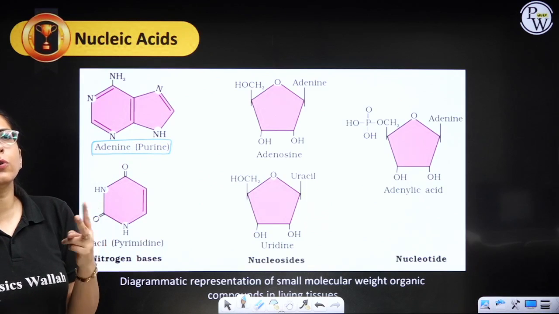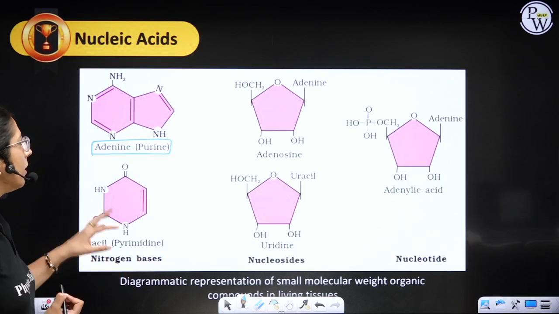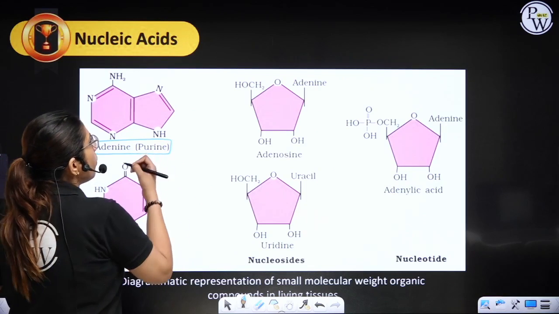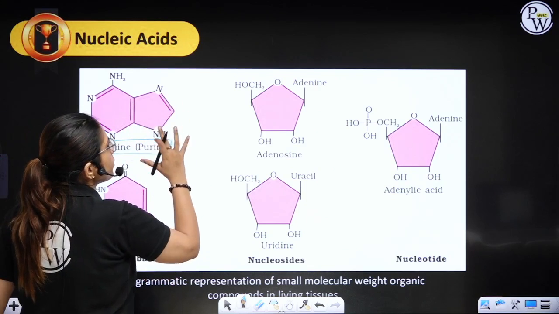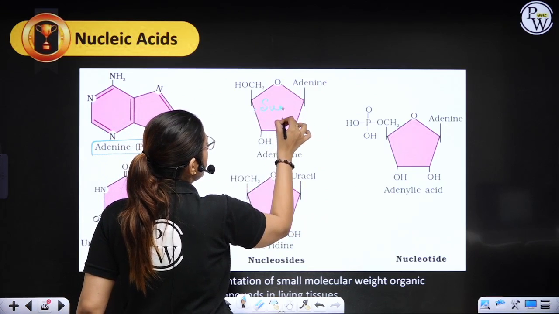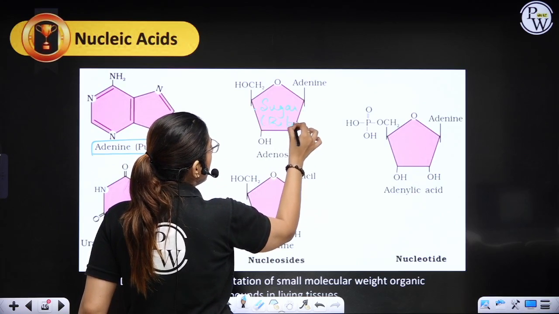Two ring structures are present in the purine, whereas in the pyrimidine only a single ring structure is present. Suppose this purine is attached to this sugar. Which sugar is this? The ribose sugar, right?